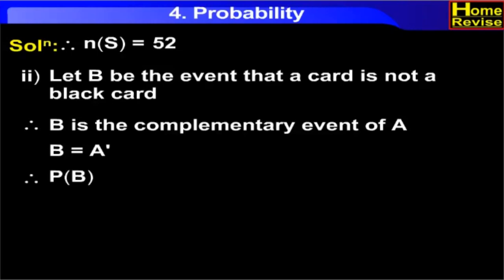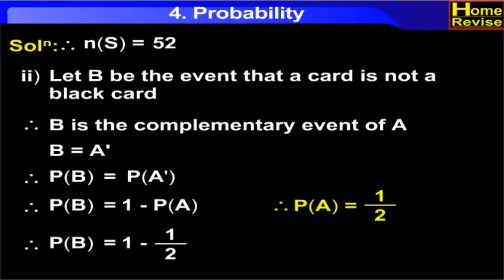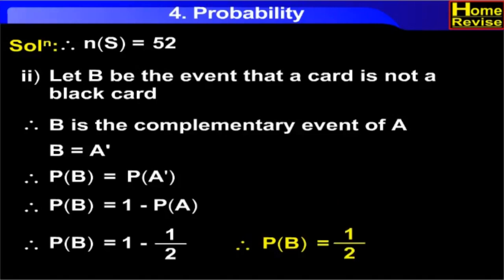Therefore, probability of B is equal to probability of A dash, which is equal to 1 minus probability of A. We know that probability of A is 1 upon 2. Therefore, probability of B is equal to 1 minus 1 upon 2, which is equal to 1 upon 2.